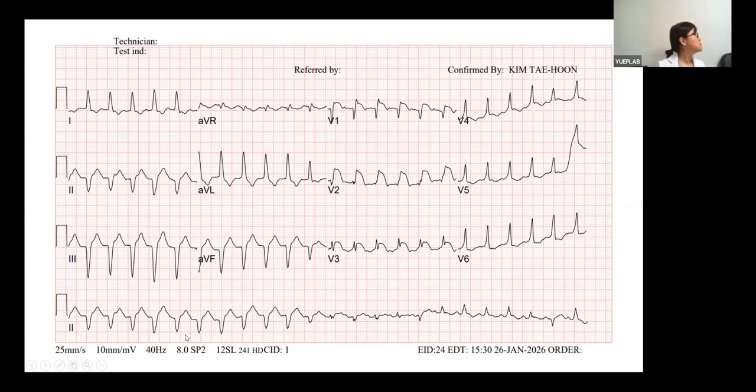I think this is a particular reading with one-to-one relationship. Later, almost the same rate, and there is a one-to-one relationship between the QRS complexes. And there are various QRS morphologies, with the QRS morphology kept changing.